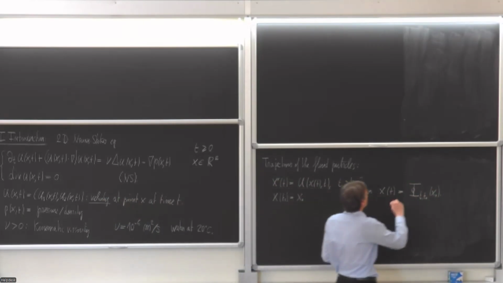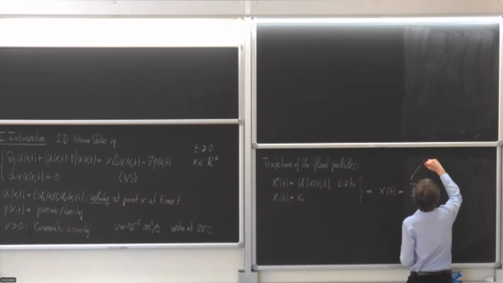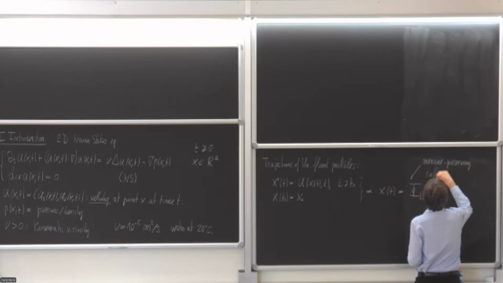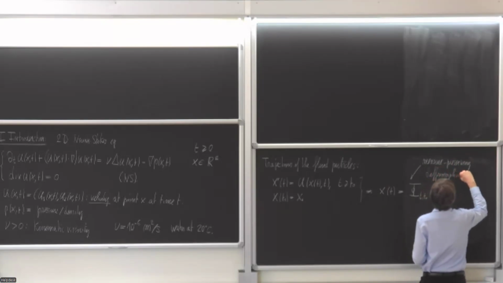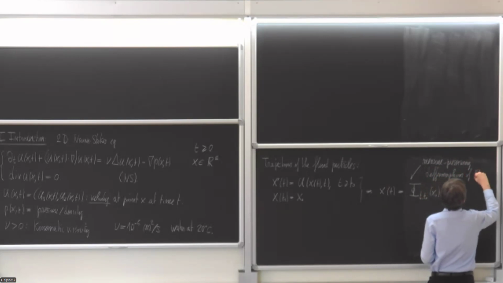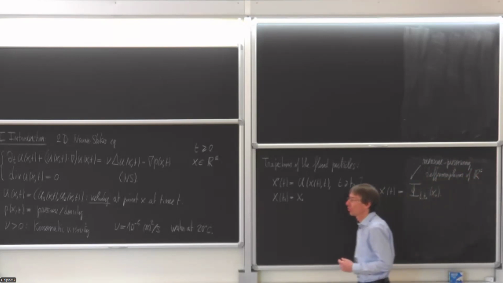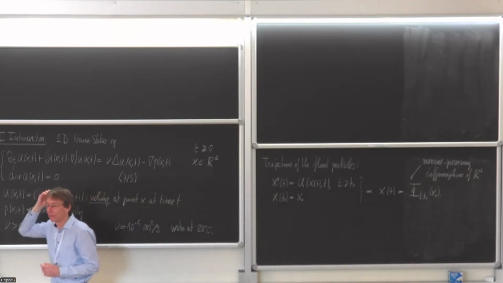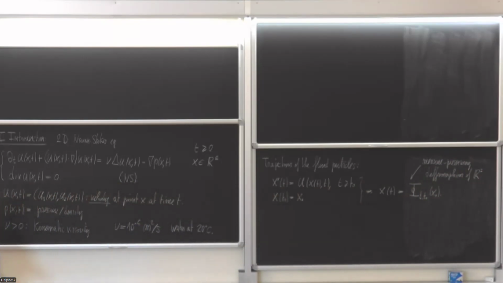And this is a measure preserving diffeomorphism of R^2, okay? And the fact that it is measure preserving is due to the incompressibility condition. There is this Liouville formula which I use to compute the Jacobian determinant of this quantity.